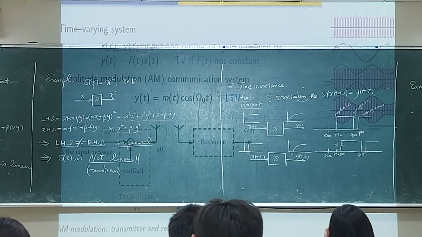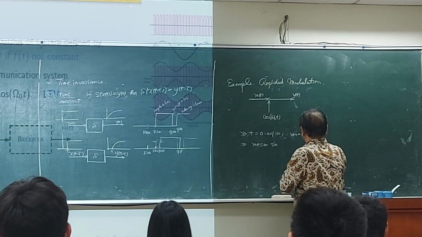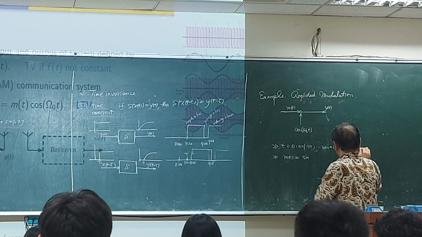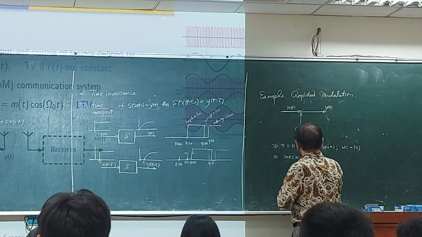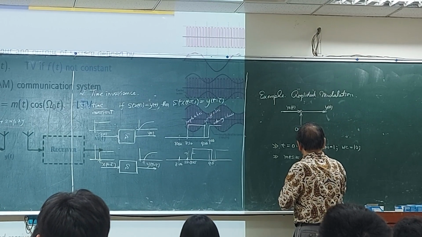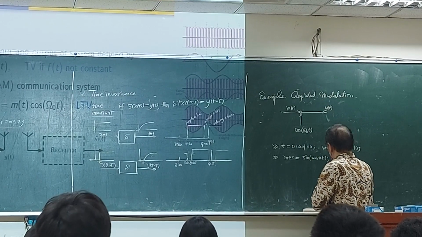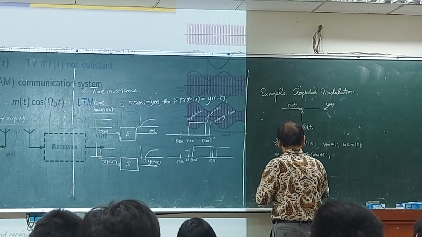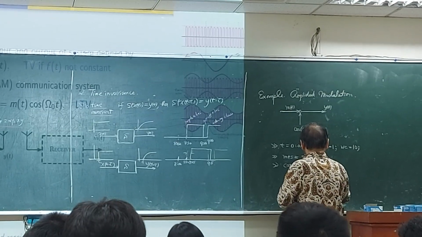That's the frequency of the message. And then omega C, the frequency of the carrier, is 10. Just a very simple example. And the message is sine of omega M times t, and the carrier is equal to the sine of omega C times t.